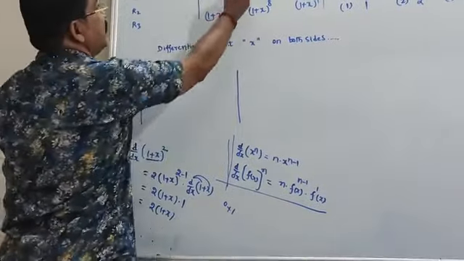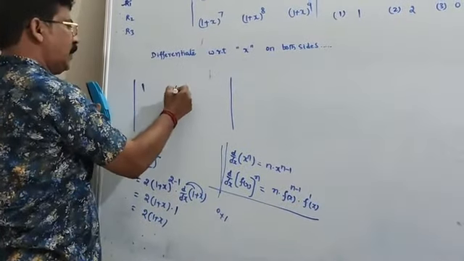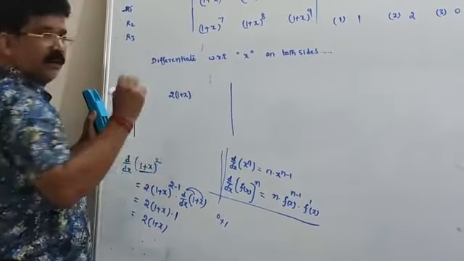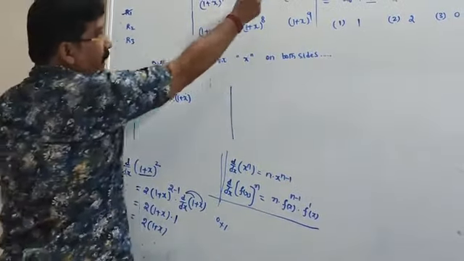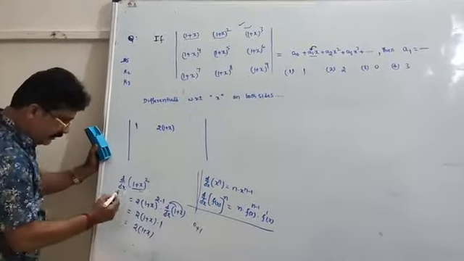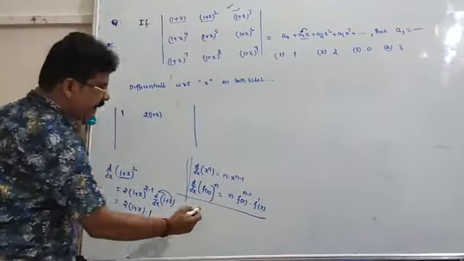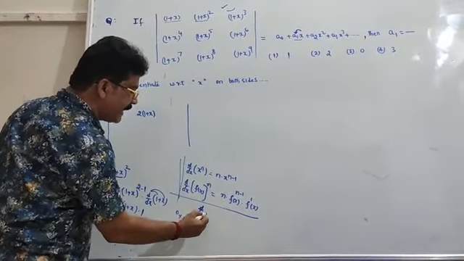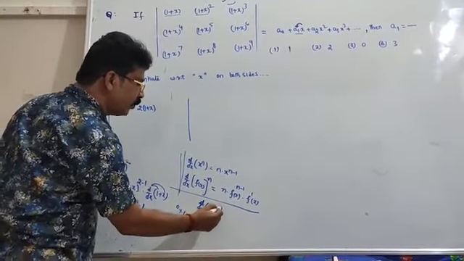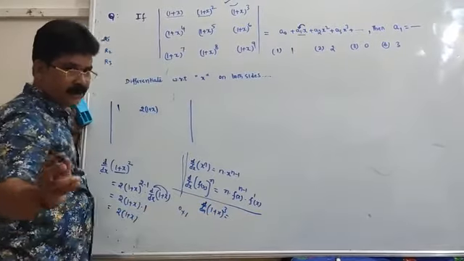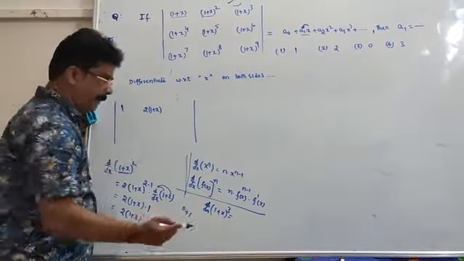So its differentiation is 2 into 1 plus x. Okay. Similarly, d by dx of 1 plus x whole cubed. Shall I do directly? Okay.